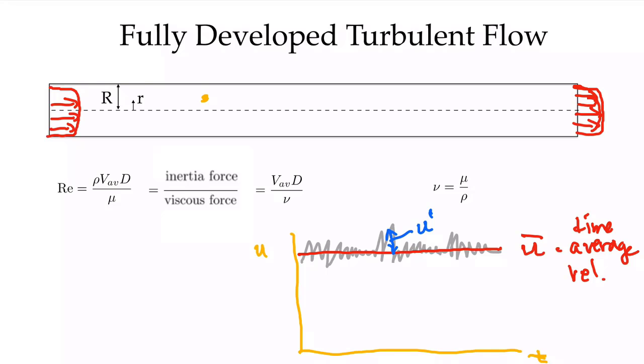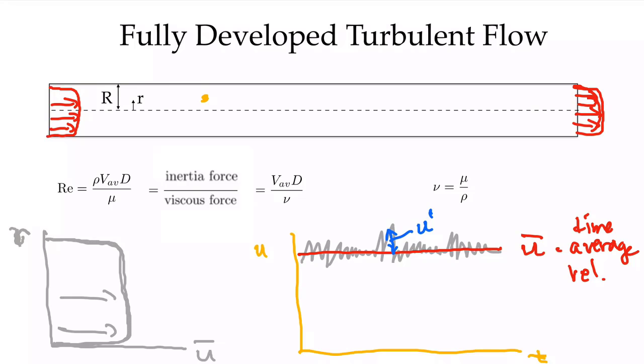So once we get a turbulent flow, the velocity will not be constant in time, and when we draw a velocity profile like I have sketched on the pipe above, we're going to draw the time average velocity profile. So here I have a radial coordinate r, and I'm going to plot U bar, and what I'm going to see is that I get a velocity profile that's much, much closer to uniform with very sharp gradients going down to 0 at the wall.